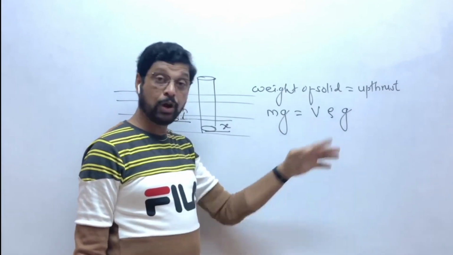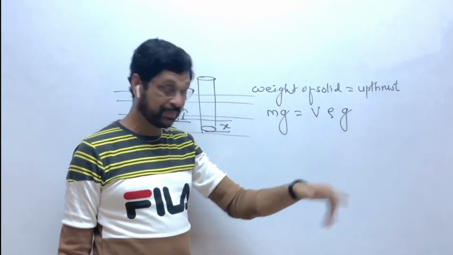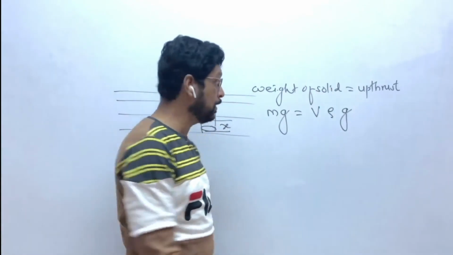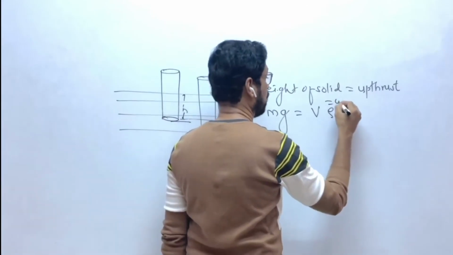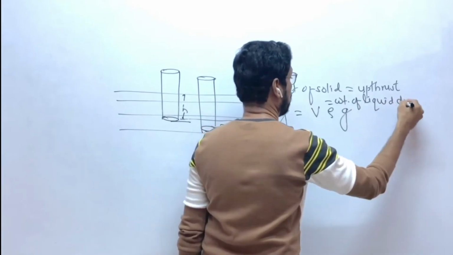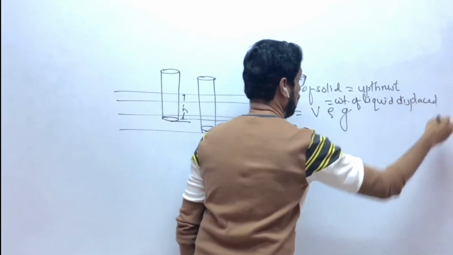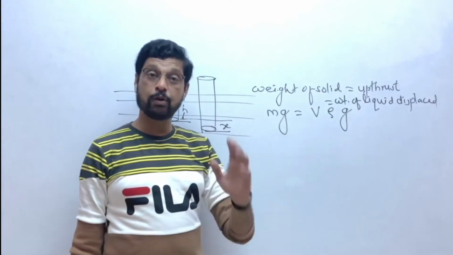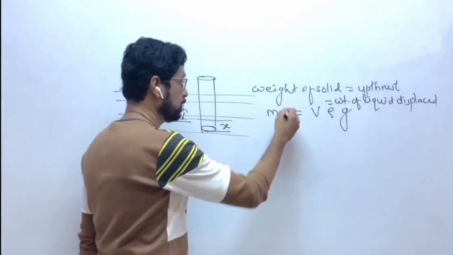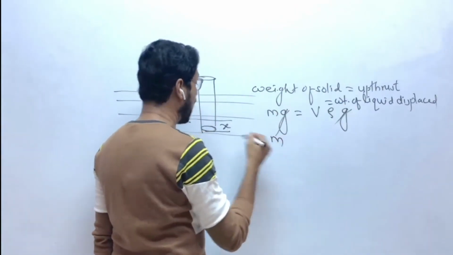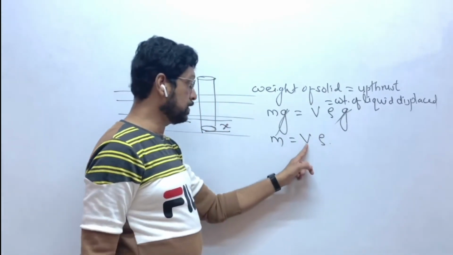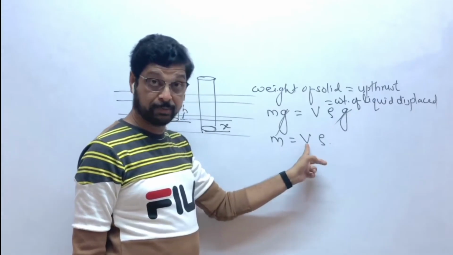V is the volume of the liquid displaced, rho is the density of the liquid, and g is the acceleration due to gravity, because upthrust is equal to the weight of the liquid displaced. So it is equal to V rho g. This g gets cancelled, which means the mass of this cylinder is V rho.